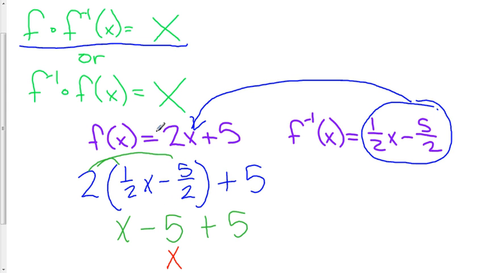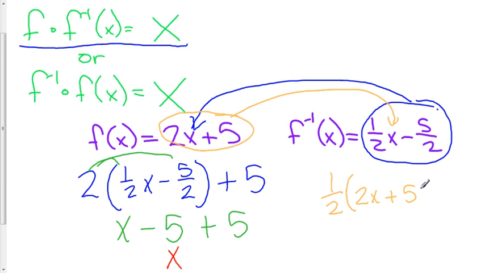So now these two functions are proven to be inverses of each other, because when you take the composition of one and the other, you get just x. Just to show you that it works the other way, if we take this and substitute it in here, you would have 1/2 times 2x plus 5 minus 5 halves.